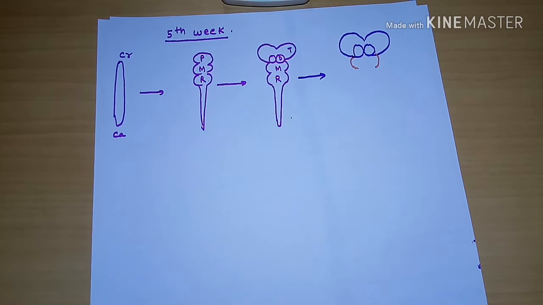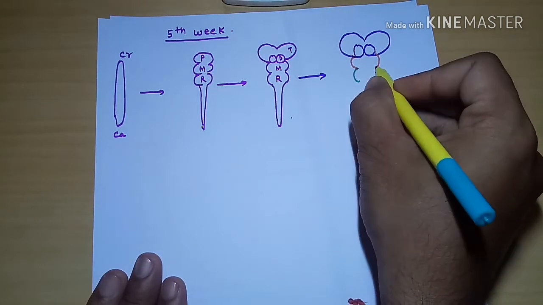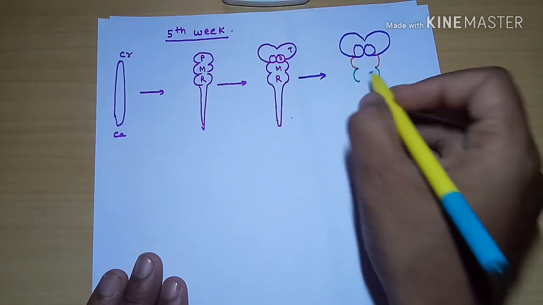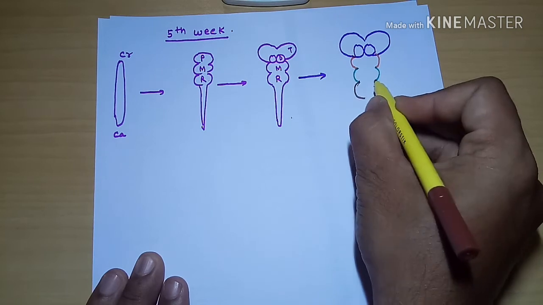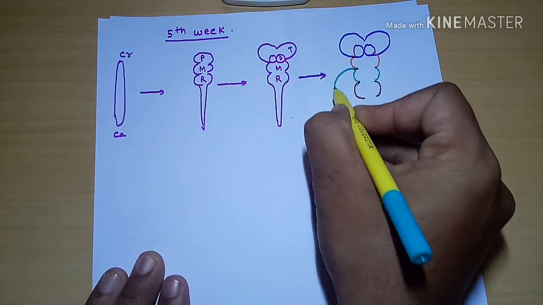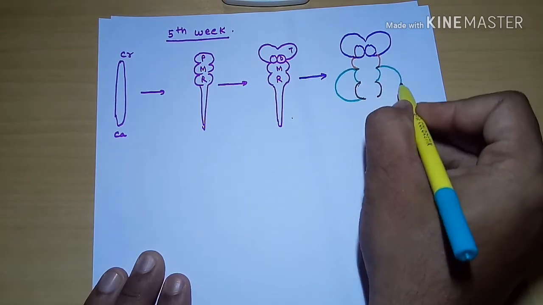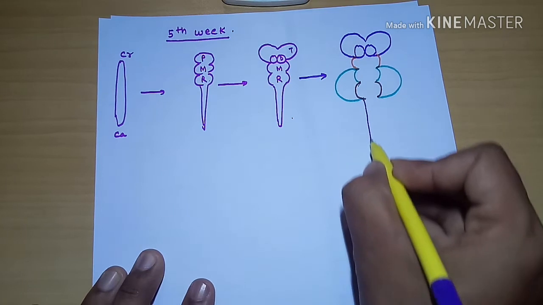And below this, the rhombencephalon will form the metencephalon and myelencephalon, and the metencephalon will form the pons varolii and cerebellum, and the myelencephalon will form the medulla oblongata. Below this structure, the spinal cord is present.